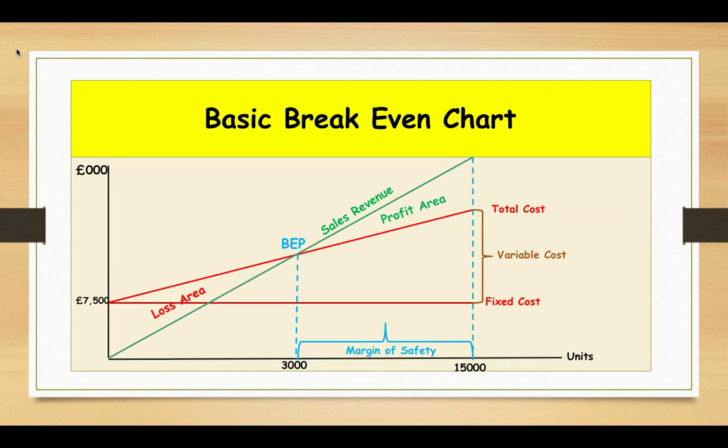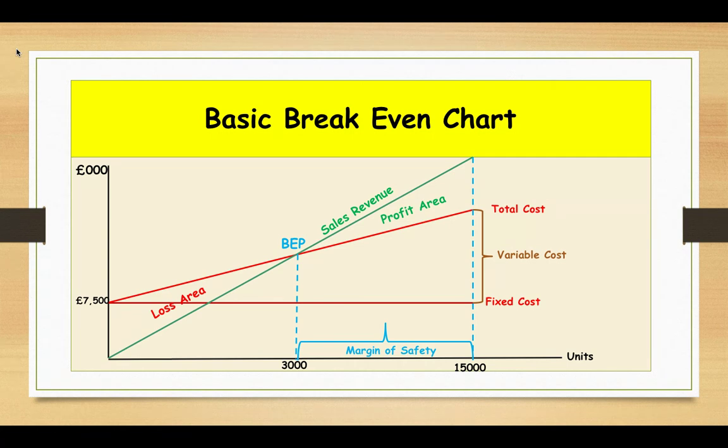So here we know the break-even point, which is 3,000 units. We know the fixed cost, which is 7,500. The only thing we don't know is the contribution per unit. So if you apply that formula, the 3,000 units is equal to the fixed cost 7,500 divided by the contribution per unit. So the contribution per unit is 7,500 divided by 3,000.